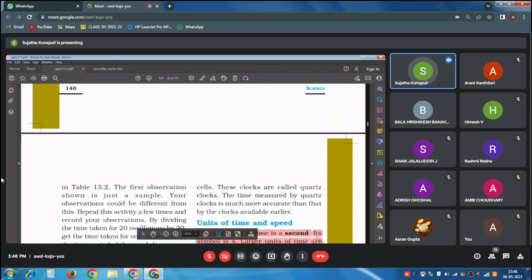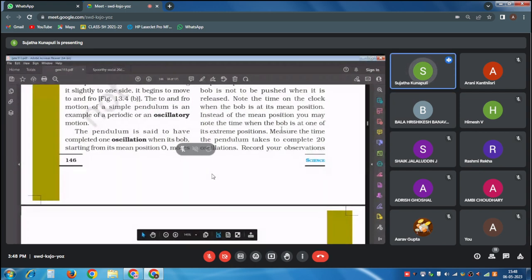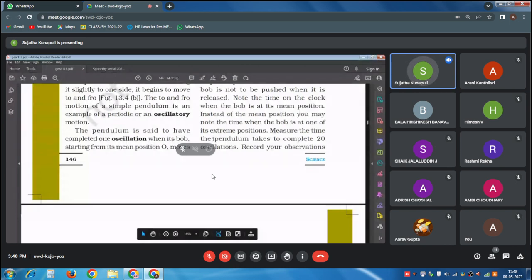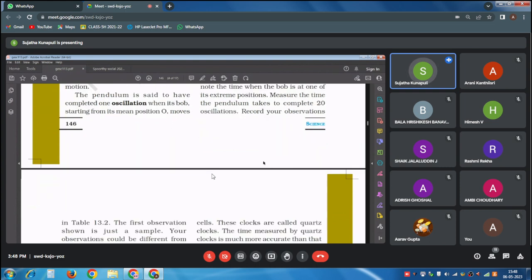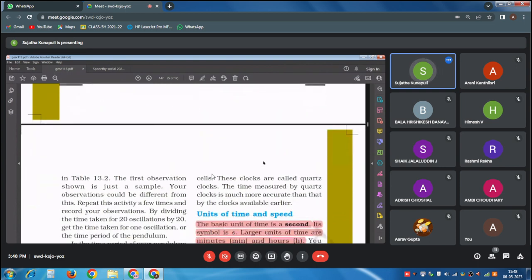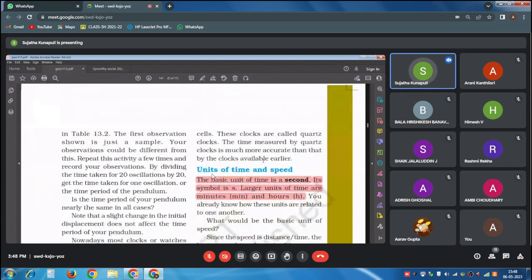So in the above part, what he is telling: measure the time the pendulum takes to complete 20 oscillations. He has already given 20 times. You have to check how much time the pendulum takes for 20 oscillations.